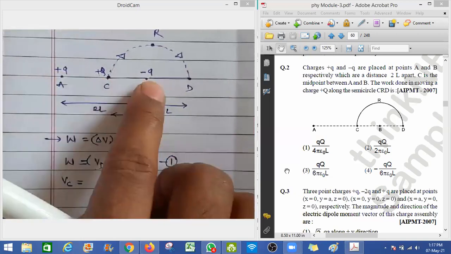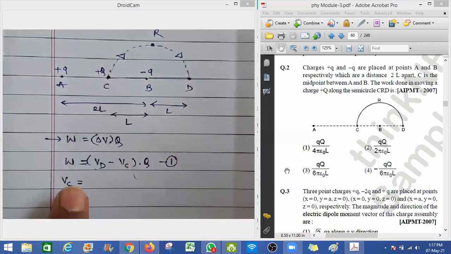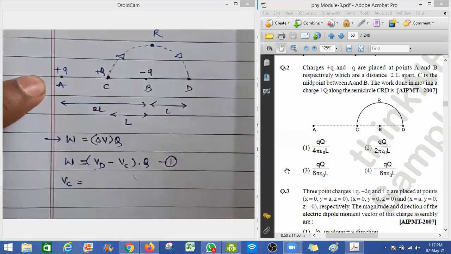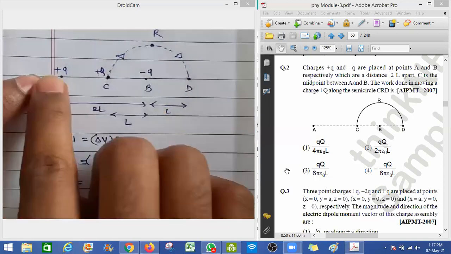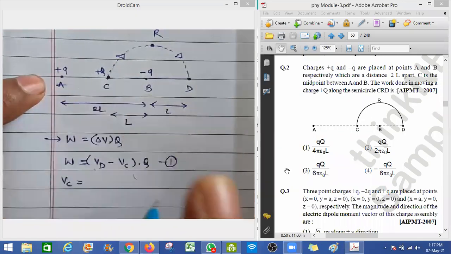That will be the potential at point C. How to find out potential due to a system of charges? Find out potential due to the first charge, find out potential due to the second charge and just add them.